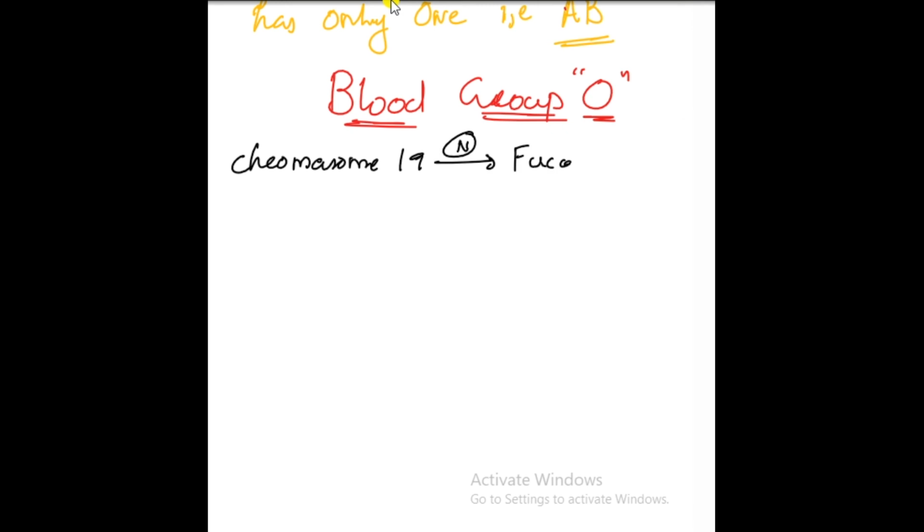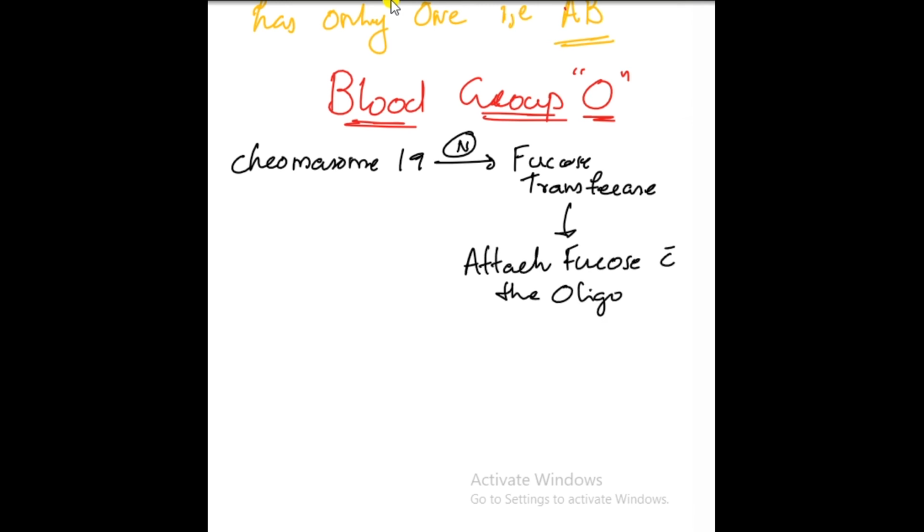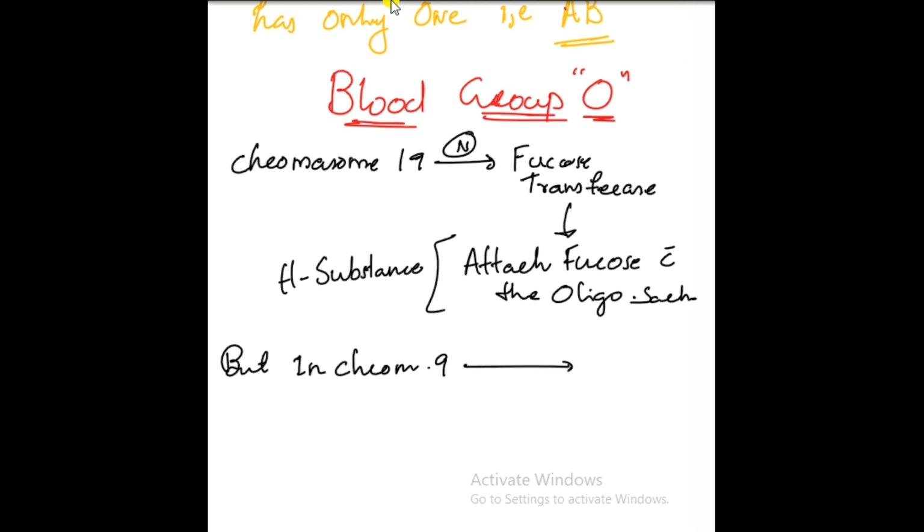And in blood group O, we have chromosome 19 functioning normally, and it produces fucose transferase, and this fucose is attached to the oligosaccharides. This is known as the H substance. But in chromosome 9, it becomes mutated. It contains the mutated genes.